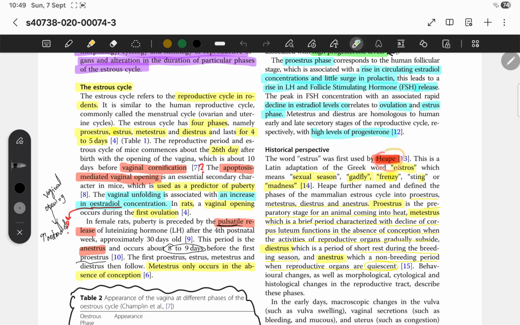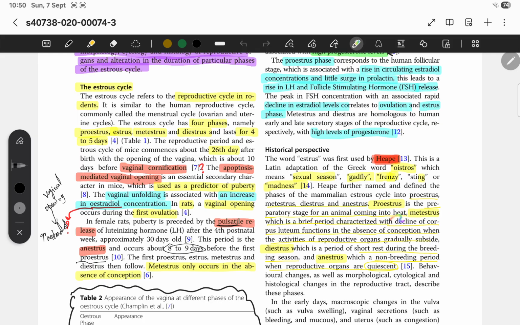Historically, estrus was first used by Heape. This was a Latin adaptation of the Greek word oestrus, which means sexual season, fire, frenzy, sting, or madness. Proestrus is the pre-ovulatory stage of the animal coming into heat.